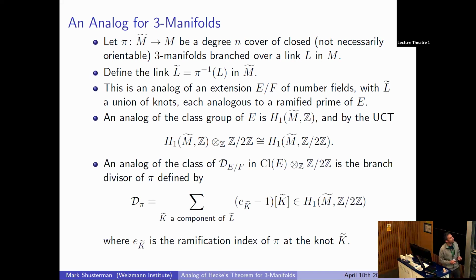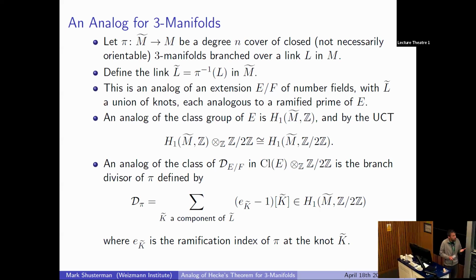Okay, so now let's talk about the analog of the different in this situation, or more precisely, the analog of the class of the different in the class group mod 2. The analog I want to take comes from the characterization of the usual different in terms of the multiplicities of the primes that divide it.